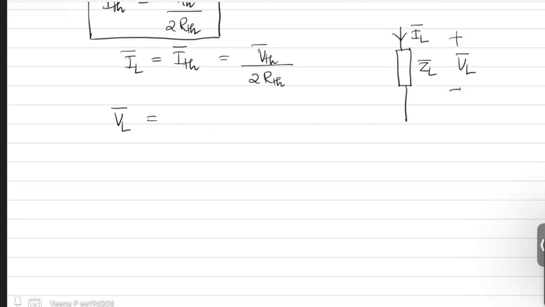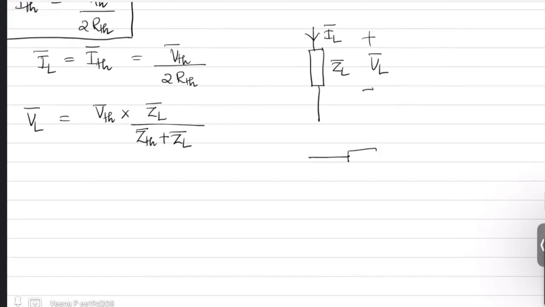You can apply voltage division rule. So the total voltage is VTH, and according to voltage division rule, a fraction of VTH comes across VL, which is proportional to the impedance across VL and by the total impedance of the series circuit. I can explain once more.